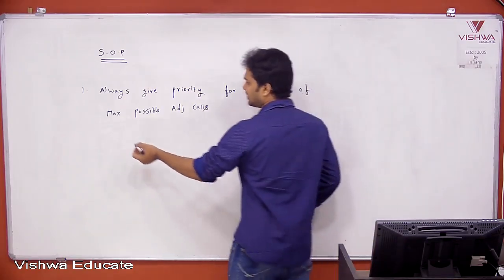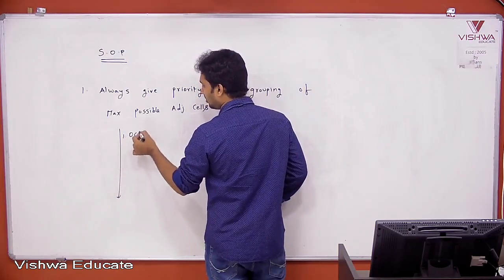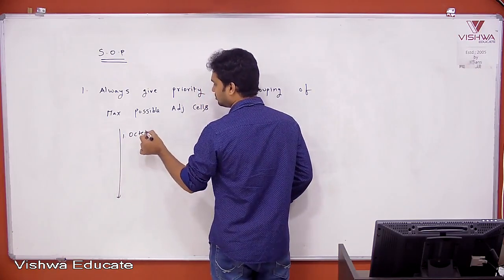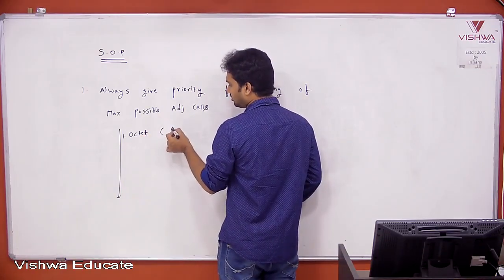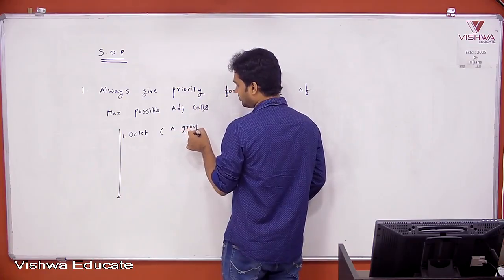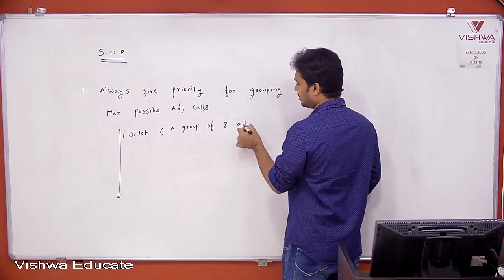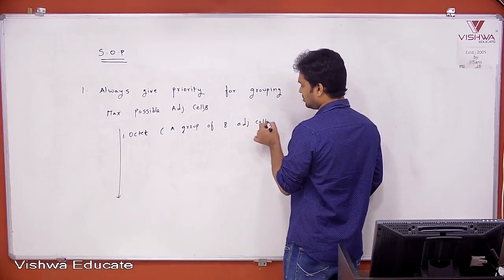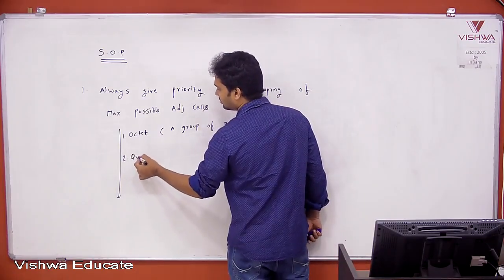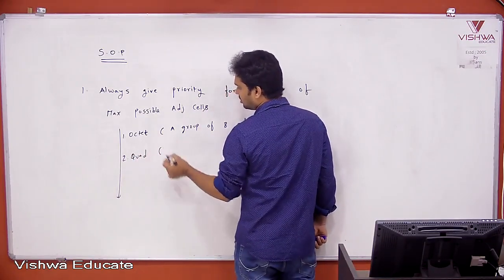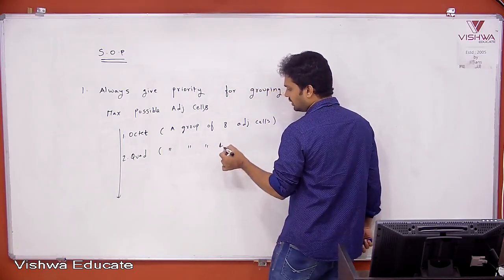Here are the possibilities we will be having. First one, octet. What is the meaning of octet? A group of 8 adjacent cells. Next priority, quad. Quad is a group of 4 adjacent cells.